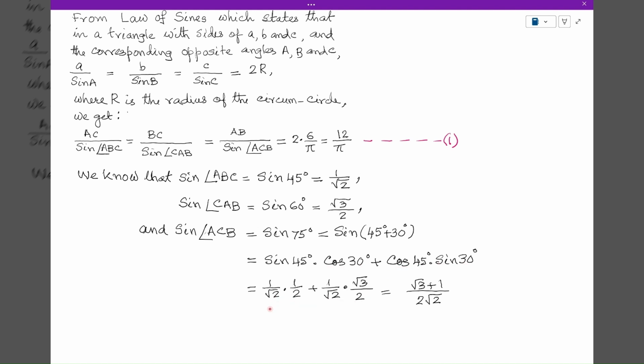So by simplifying this, we get root 3 plus 1 divided by 2 root 2. That means sine ACB, which is sine 75 degrees, is root 3 plus 1 divided by 2 multiplied by square root of 2.